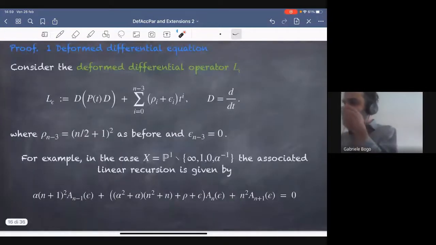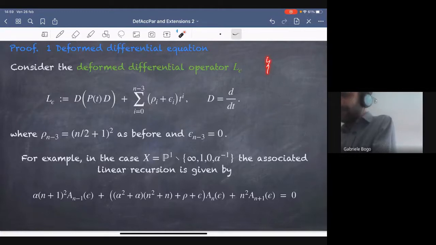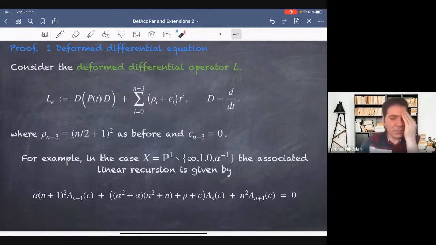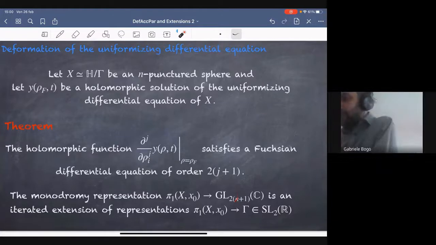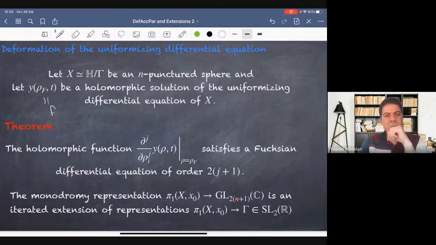So I want to give some detail of the proof because it's a sort of general argument that works in this case, so maybe it's good for you to see it in detail. What we do is just remember that this y was associated to a weight one modular form, yeah? When you substitute the Fuchsian value of the accessory parameter, this is locally simply the f of tau.